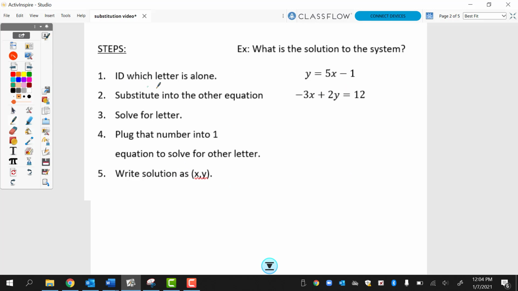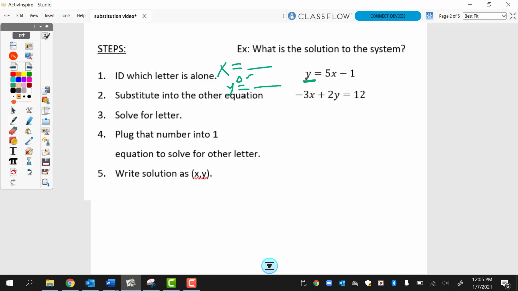So how do I actually do it? Well, you have to identify which equation has the letter that's alone, that's solved. In my question over here, I have y equals 5x minus 1, and I have negative 3x plus 2y equals 12. Do either of these equations say x equals or y equals? That's what I'm looking for. This first equation does.